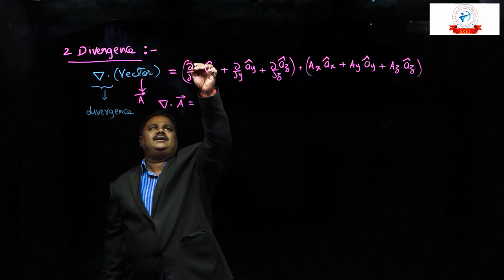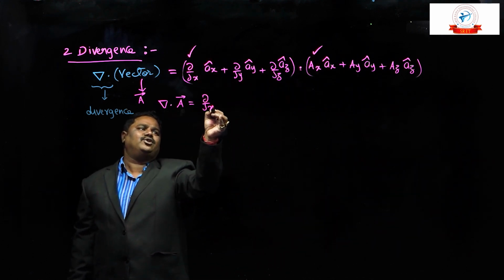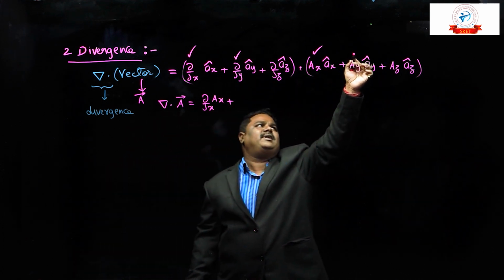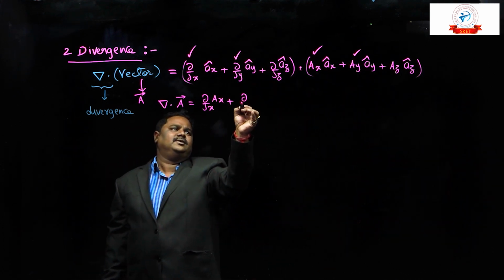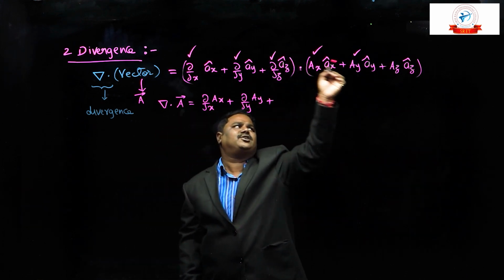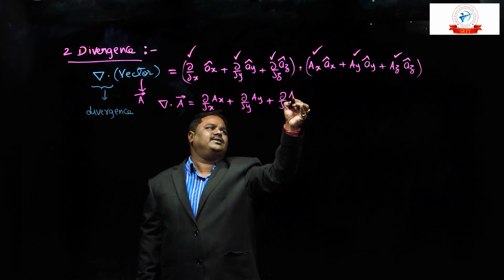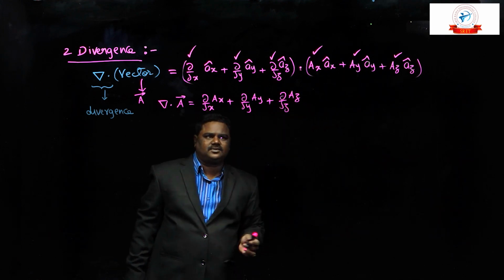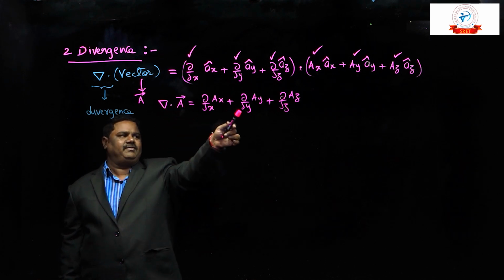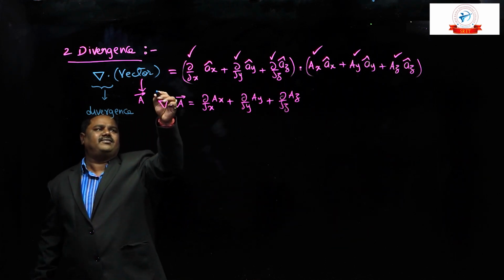So first multiply x components: dou/dou x of Ax, plus multiply y components: dou/dou y of Ay, plus multiply z components: dou/dou z of Az. Now we got an equation. This is called the divergence of A bar equation. This is the formula for divergence of any vector.